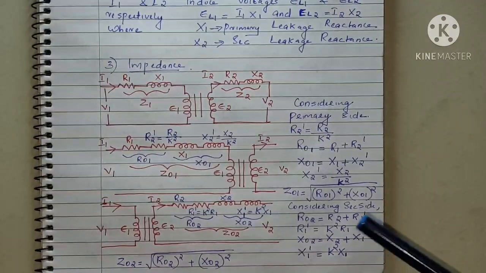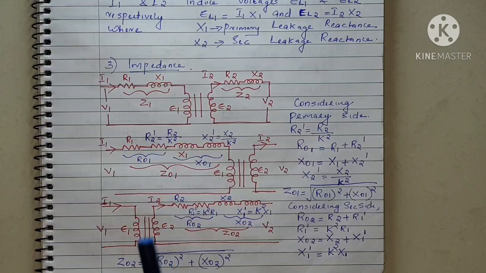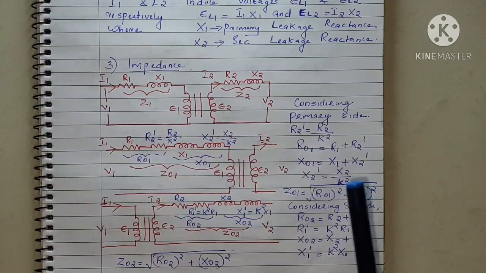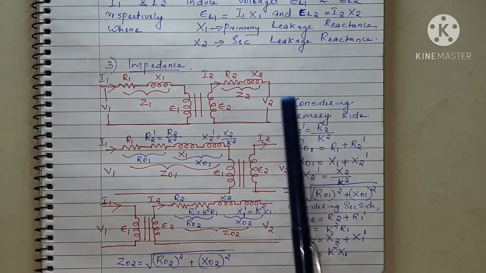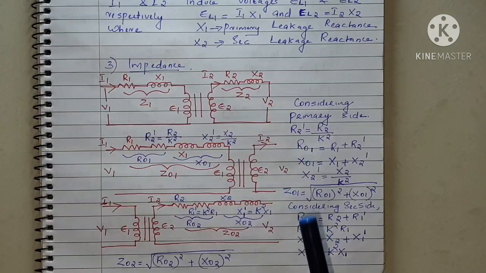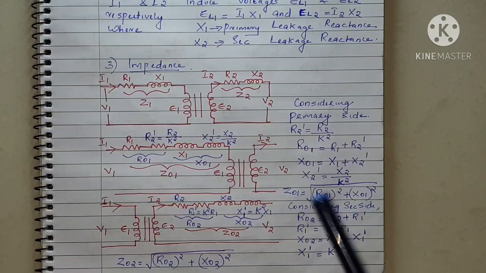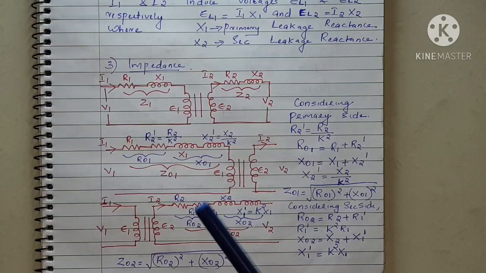The third important parameter of a transformer is impedance. Let us consider the resistance, reactance and impedance on primary side as R1, X1 and Z1 respectively, and on the secondary side as R2, X2 and Z2 respectively. We are considering a single side.